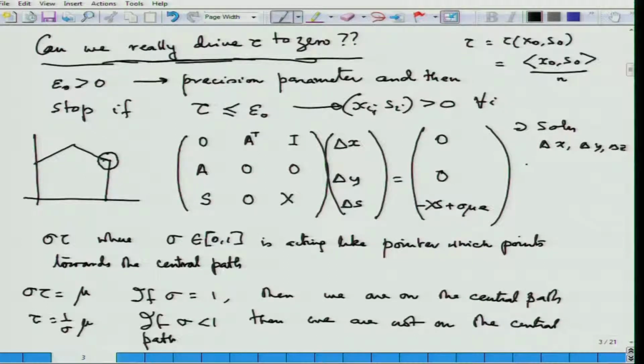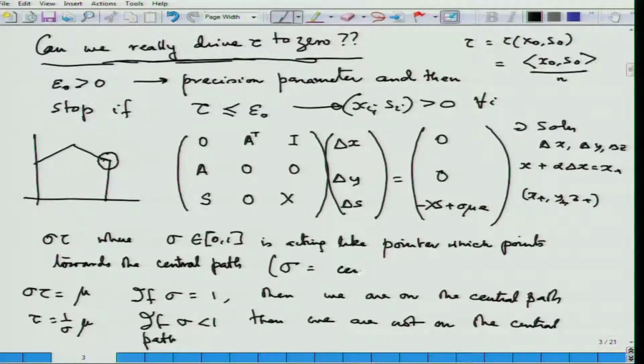For example, you take x plus equal to x plus alpha delta x, and similarly for the others. This gives the new point that I have. These points are pointing in the direction of the Newton solution, in the direction of the central path, right.